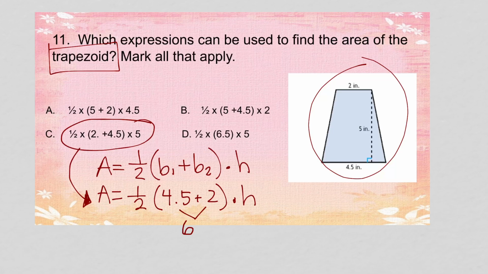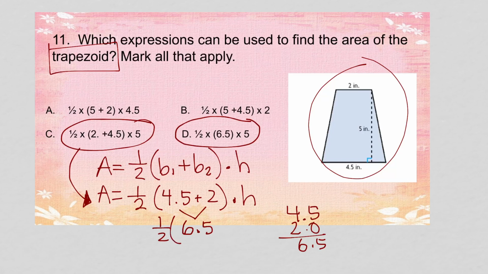That's not right, is it? Oh, it is. Never mind. 6.5, because I have to line up the decimals. So I would get 6.5. So this one actually says that. It just has 6.5, 1/2, 6.5 times 5. Oh, I need to put a 5 there. Okay, all right.